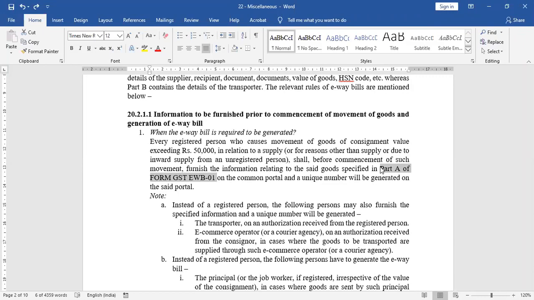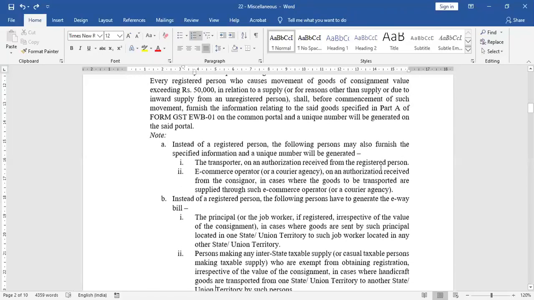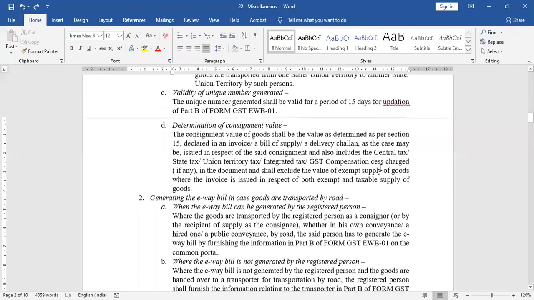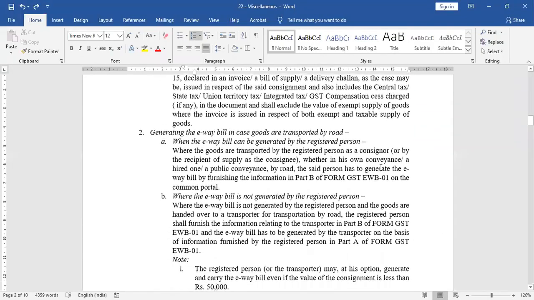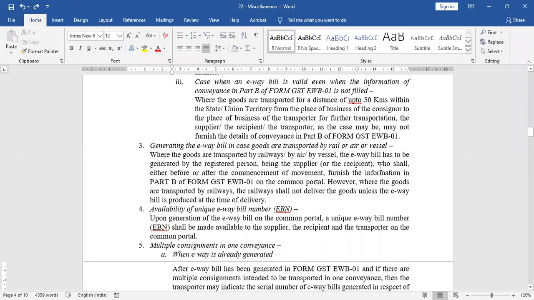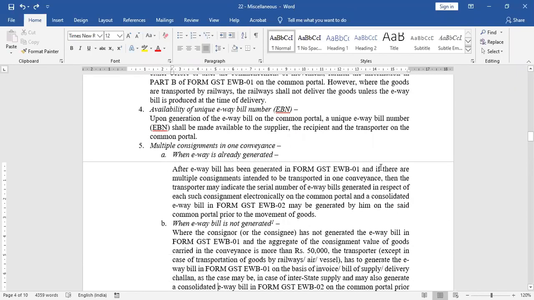That's it. This much is sufficient. Next point. Other things are written, but there is no need to read those. You can skip these things. I will tell you which items you have to do.